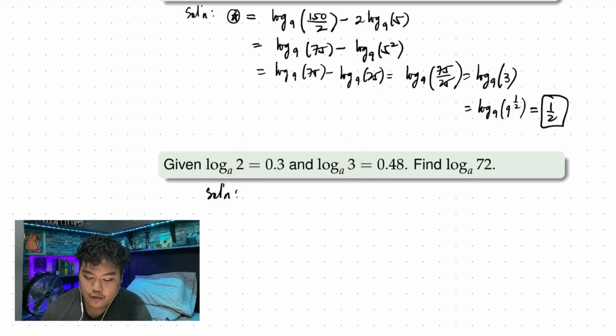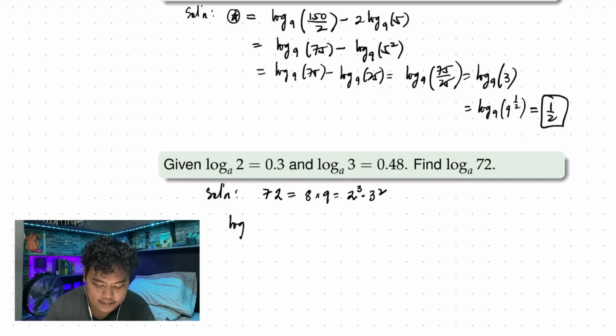So, we will force this 72 to be a product of products or quotients of 2, 3, and a. Or pwedeng kahit yung may mawala sa kanila, pwedeng 2, 3 lang, 2a, 3a. So, si 72 ay, saan ba equal to? 8 times 9. But 8 is 2 cube and 9 is 3 square.